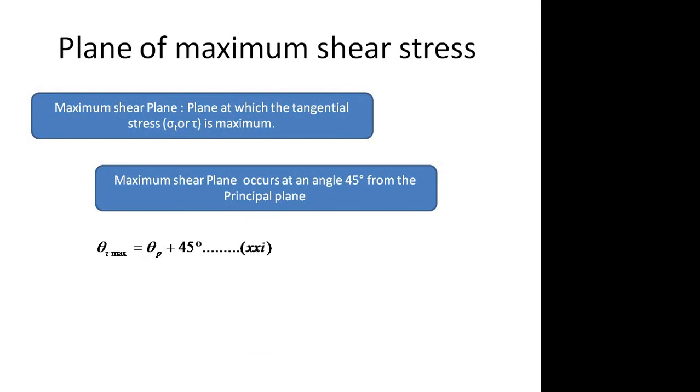So theta tau max is equal to theta p plus 45 degrees. That is, theta tau max is the angle at which maximum shear occurs. And tau max is equal to sigma x minus sigma y by 2, right?